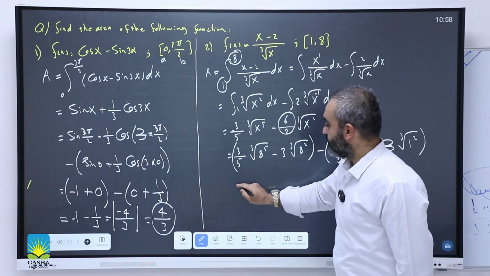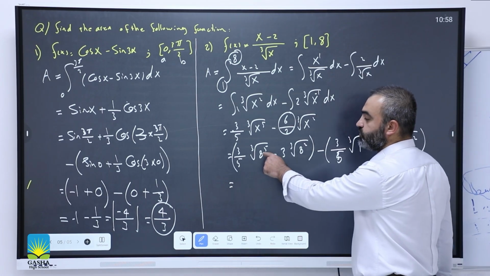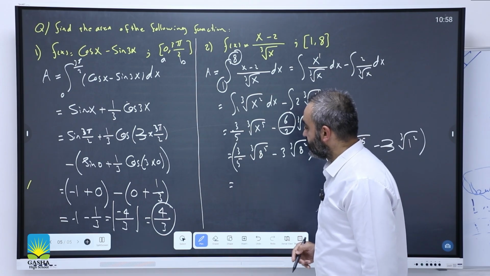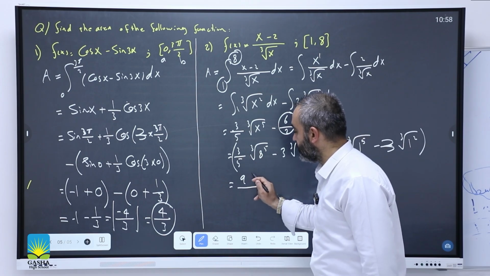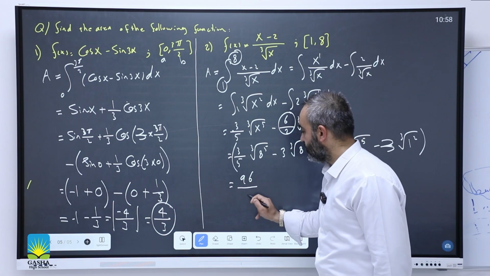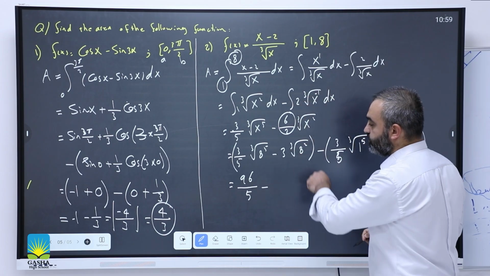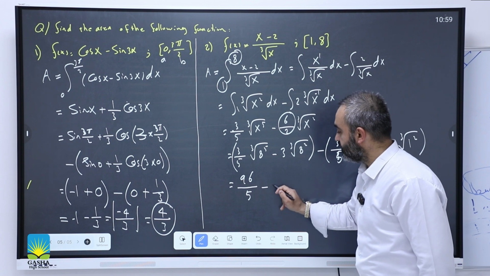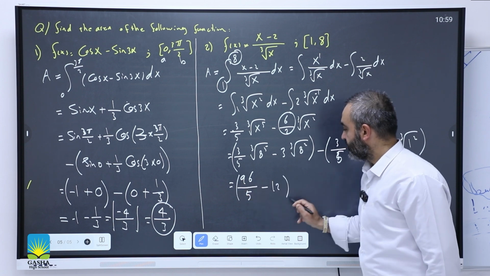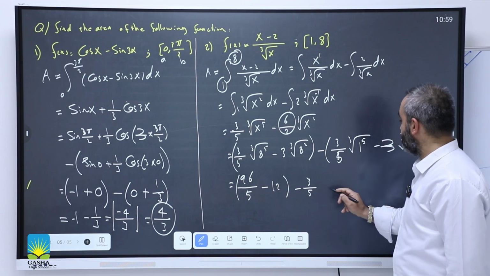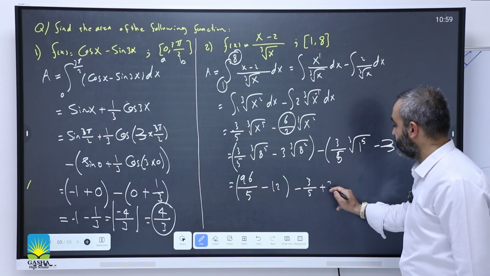So this is 2 to power 5, it's 32, times 3 is 96, over 5, minus. What about this? It is 2 to power 2, 4 times 3, 12. Minus 3 over 5 plus 3.